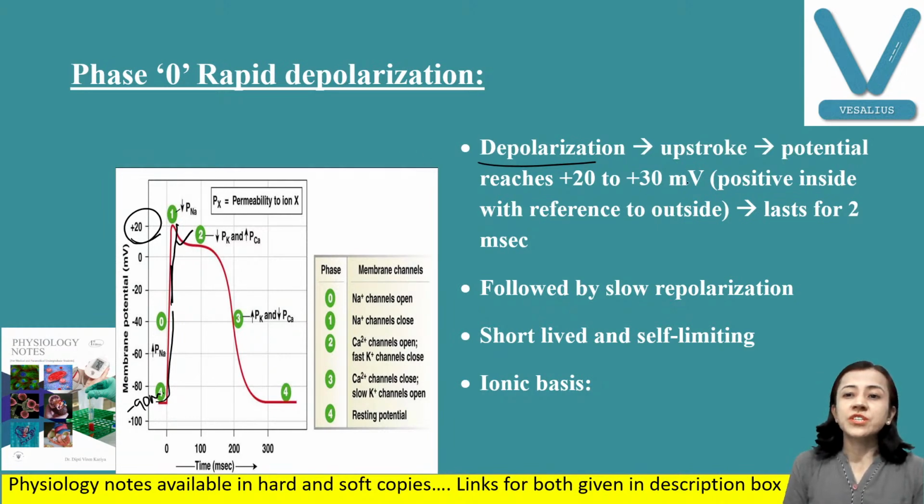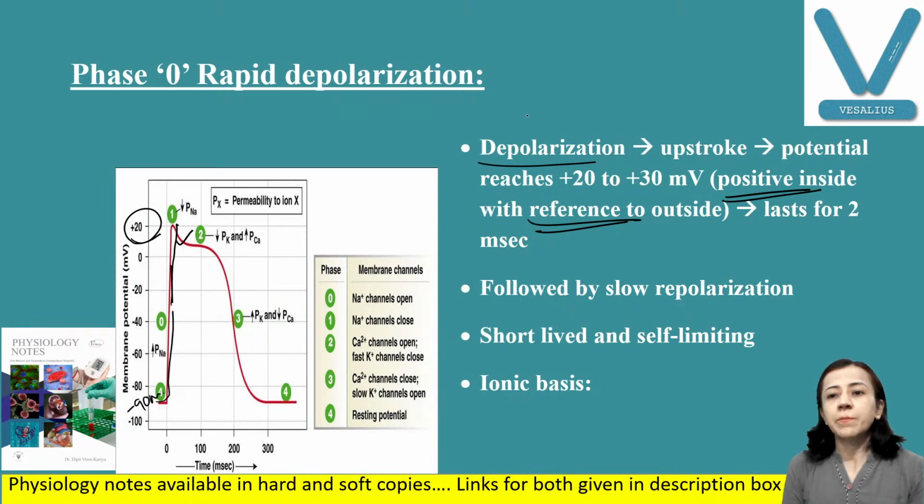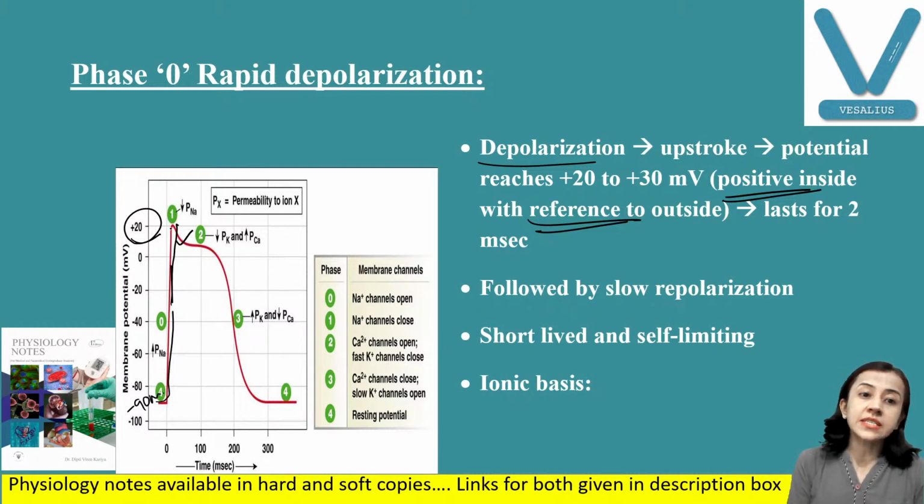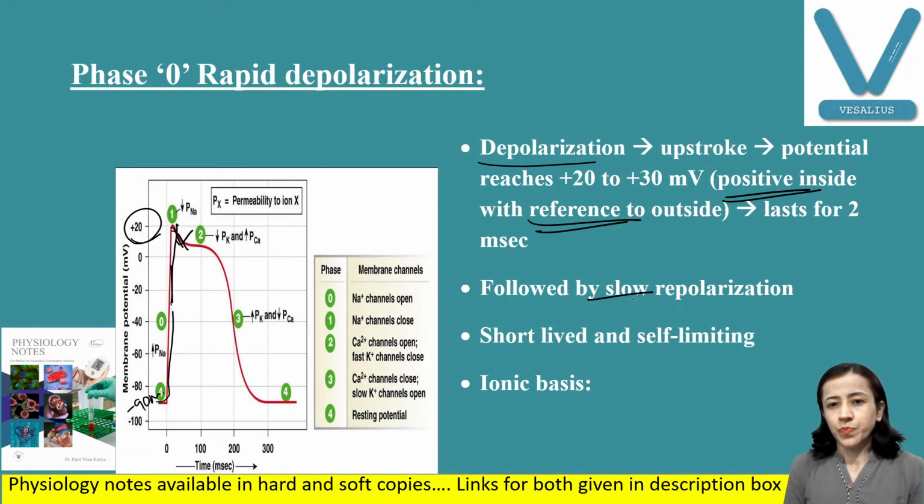There is positivity inside in reference to outside. Because of the opening of sodium channels, the inside becomes positive. This lasts for only 2 milliseconds and is followed by phase 1, rapid repolarization. This repolarization is short-lived and self-limiting.